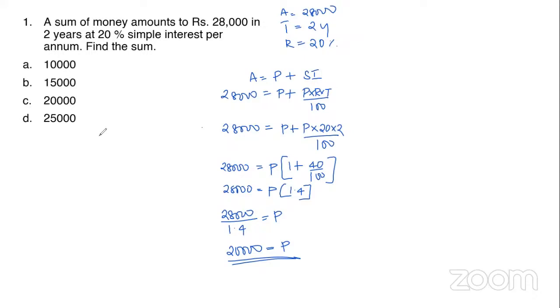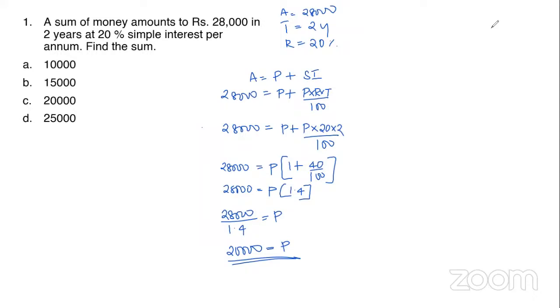Shall I move on to the next question? So you have to go through all those formulas which I have taught you in the class. Before your exam you have to go through all those things. Principal amount plus simple interest will give you the actual amount after these many years.